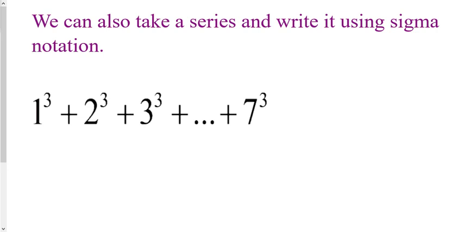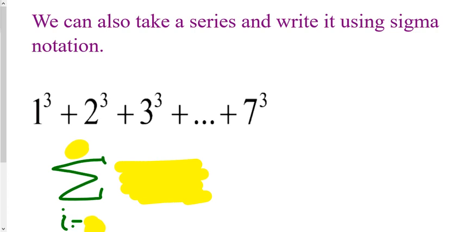Now we have a series that is expanded, and we have to write the sigma. So instead, I now have to look at my big sigma, and I've got to figure out what goes here, what goes here, and what goes over here. All right, so I first start with my explicit formula. What's the pattern? What's going on?